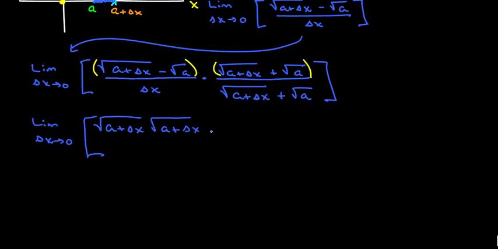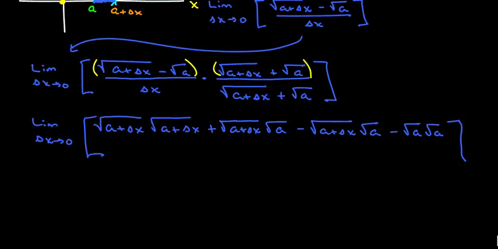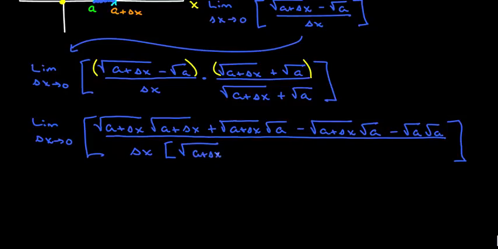So I'm going to have, remember, when you multiply fractions, we don't have to have a common denominator, only when we add or subtract. So I'm just going to take this and multiply it by that, and I'm actually not going to multiply it in. I'm just going to rewrite it. Okay, like that.